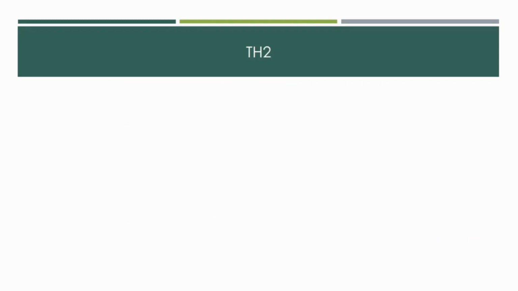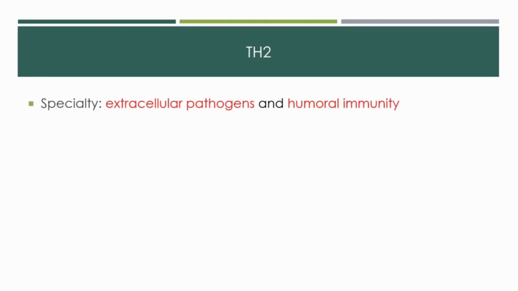Let's compare this with Th2 cells, which you should associate with the fight against extracellular pathogens and humoral immunity. And the reason these two go together is because you need antibody to neutralize pathogens, preventing them from entering cells to begin with, and to opsonize them for phagocytosis. Antibodies also help kill parasites, which are too big for phagocytosis.